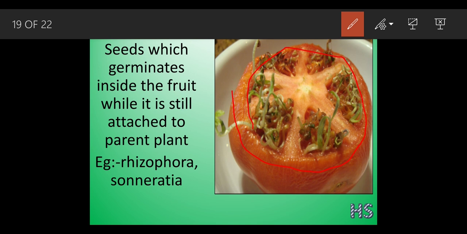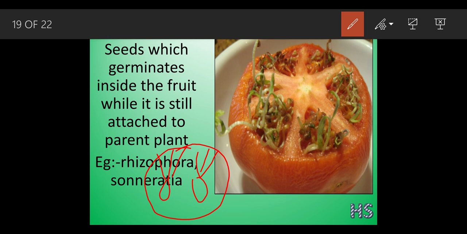Usually, suppose this is a tomato and these are the seeds, if the seeds get the proper conditions, they can start to germinate. But here the seeds present inside the tomato get favorable conditions and start to germinate while still attached to their parent plant. They have not been detached. They are inside only. So this is called viviparous germination.